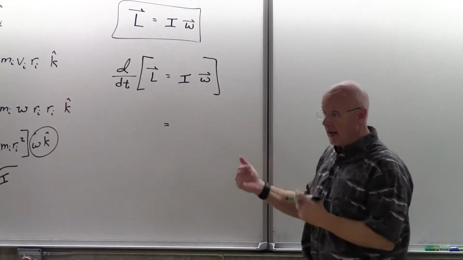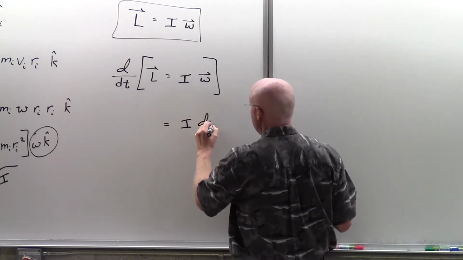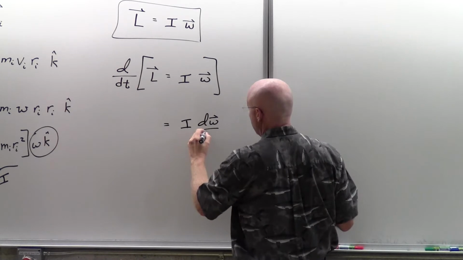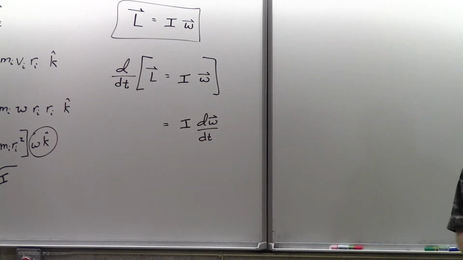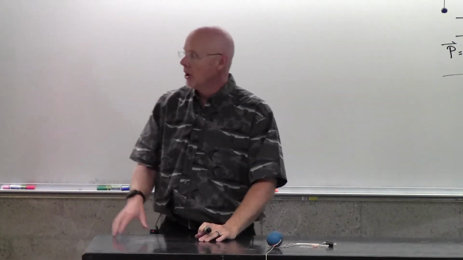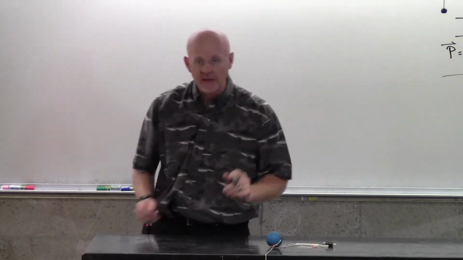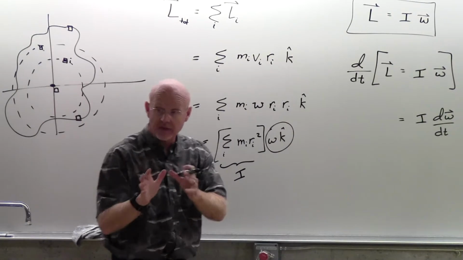Let me do the right-hand side first, because the right-hand side would really be just a derivative of the angular speed, since the moment of inertia wouldn't change. Again, maybe I should emphasize, it wouldn't change for a rigid object. And that's all we're doing at this level.